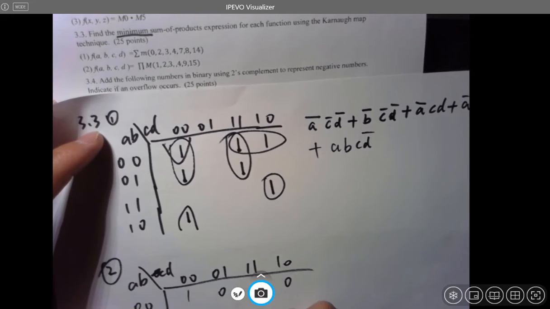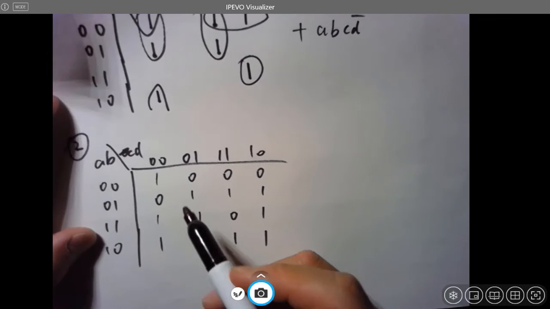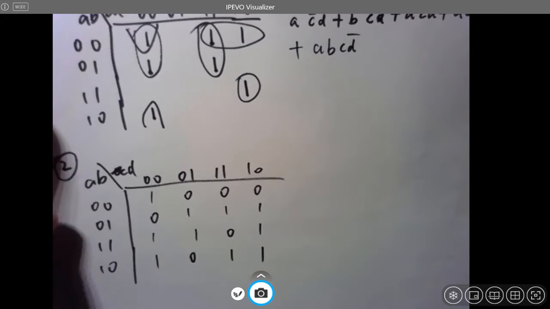So all the other ones are ones. So definitely you can group the zeros and get a POS from that and finally convert it to SOP, right?